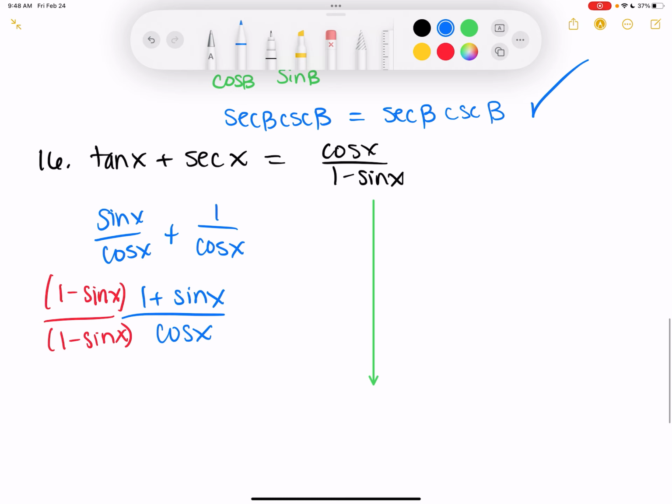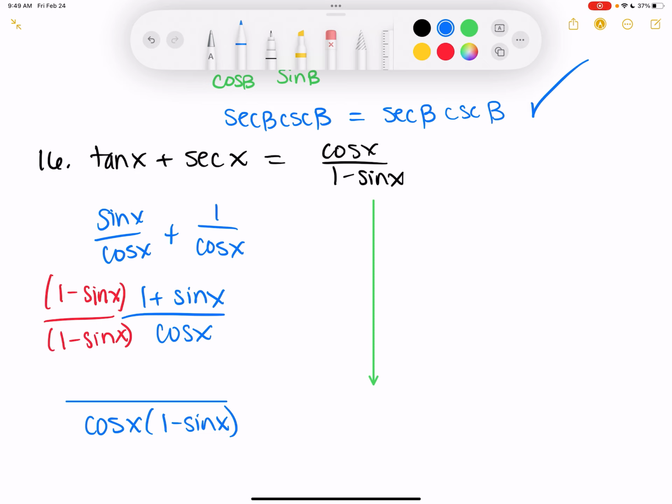On the bottom, I'm going to leave it separate. I'm not going to multiply through. It doesn't matter what order it's written in, but make sure you leave it as multiplication, because obviously I need something to cancel, so I don't need to multiply it through and then have to take it back out.